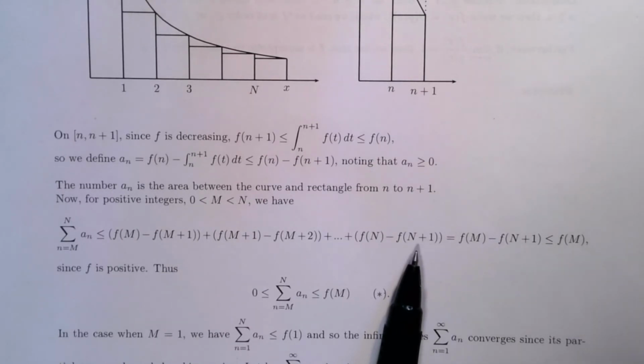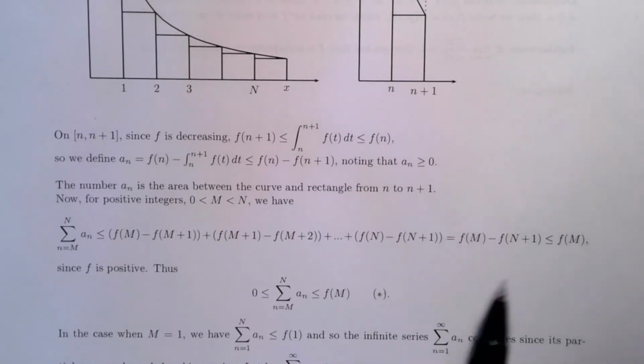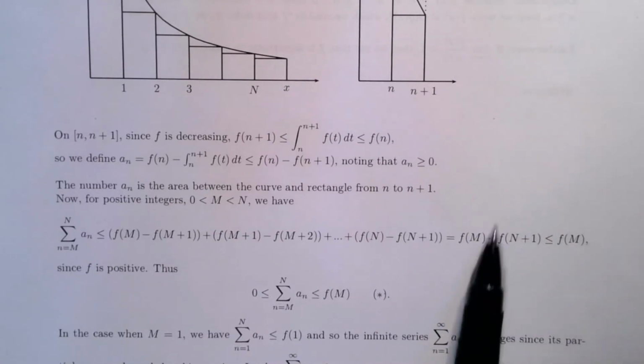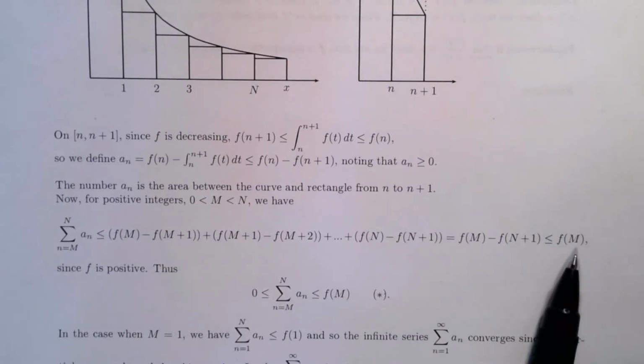And this is a telescoping series, and so this is f of m minus f of n plus 1, and because this is positive, this is less than f of m, since f is positive.